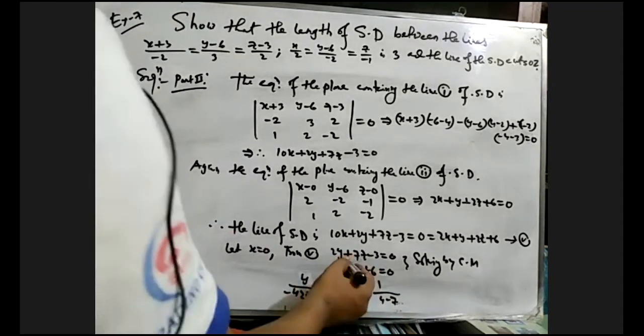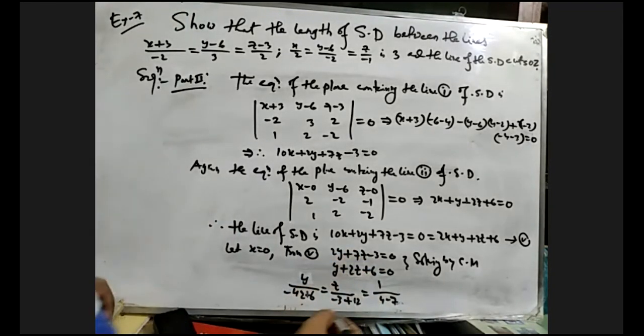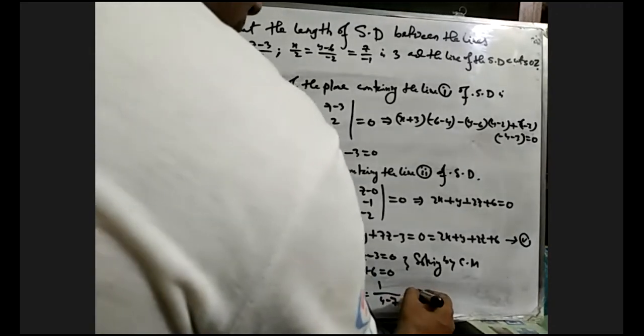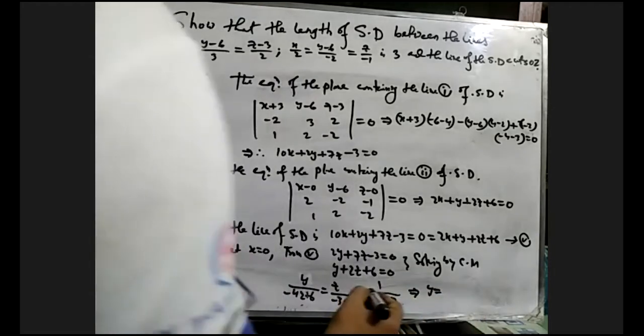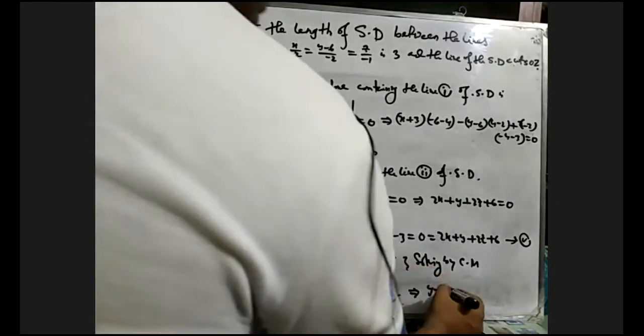Just by the cross multiplication method. So from this we get y equals 12 and z equals minus 3.